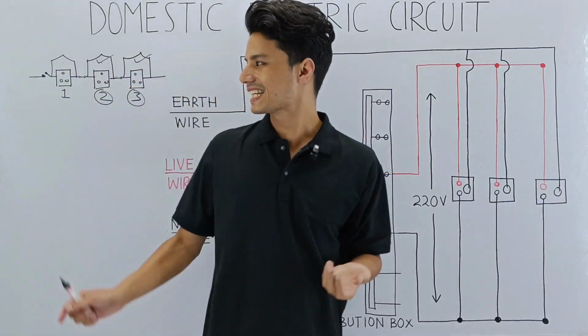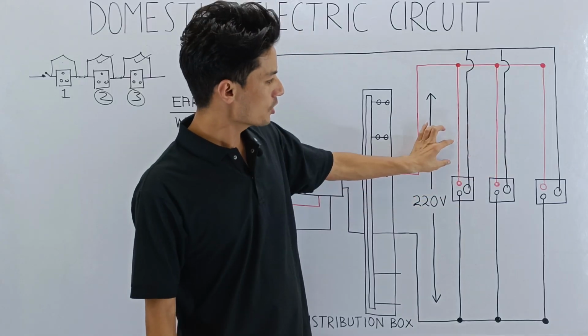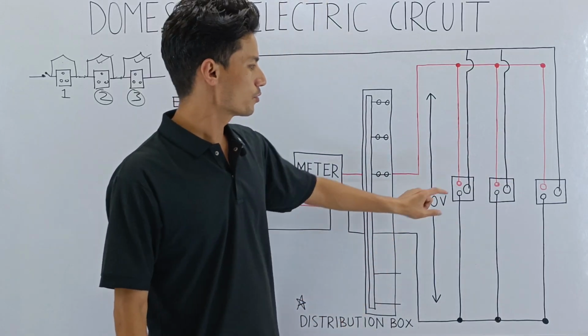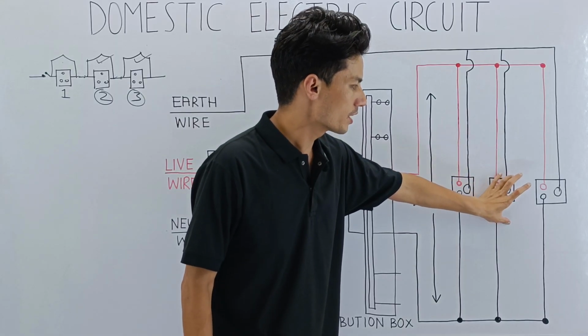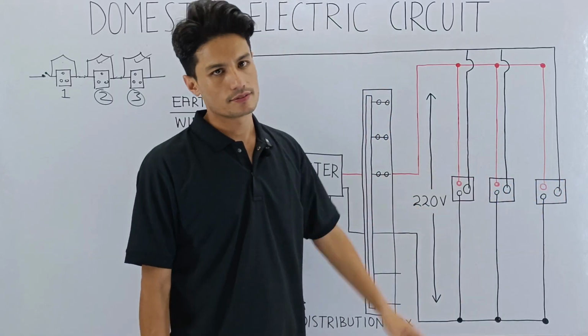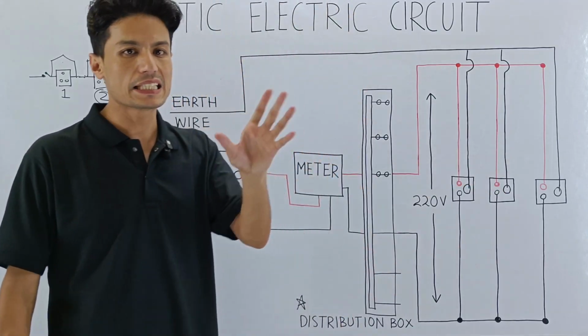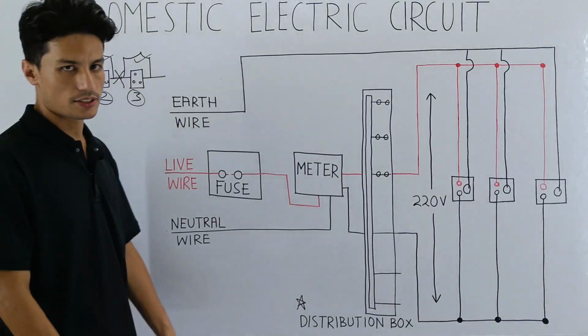So I hope you got to know why series connection is not used, and we go for parallel connection, so that each socket functions independently. Even if you switch off this one, only this socket will not be receiving current; the other 2 sockets will still receive current. This is the biggest advantage, that each socket can function independently, which is not possible in series connection.